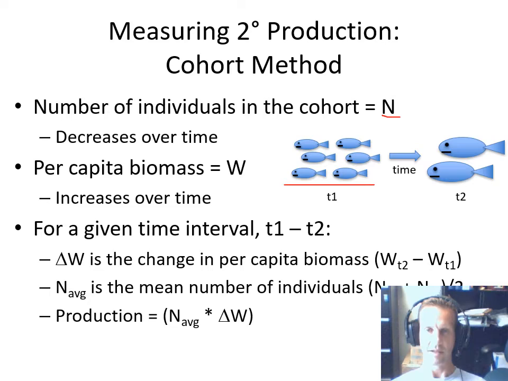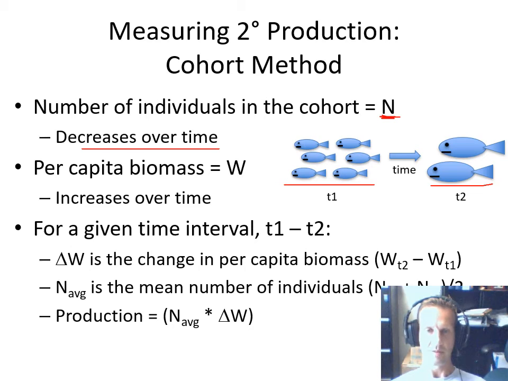So you're going from a high N at the beginning, and then a lower N at the end of the period that you're looking at, because some of these things will have died due to predation or other causes of mortality. So N always decreases over time for a cohort.